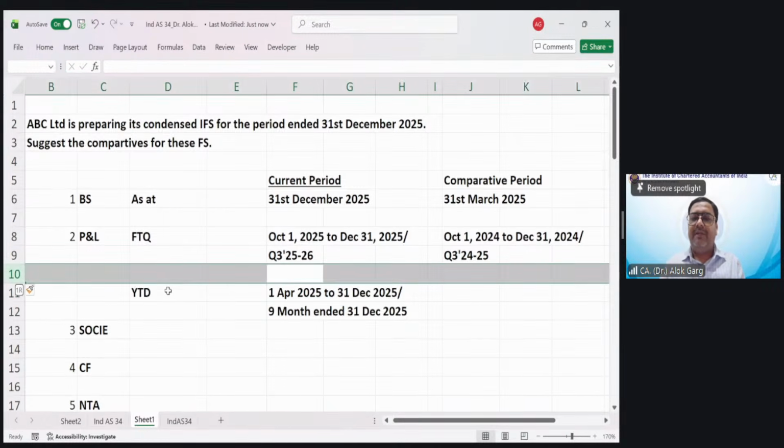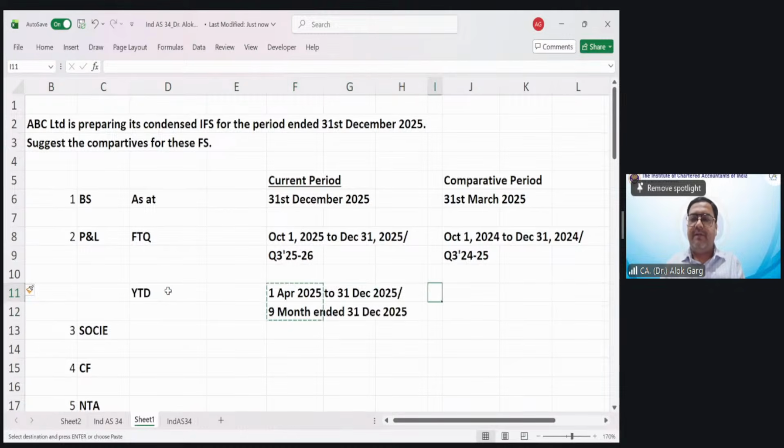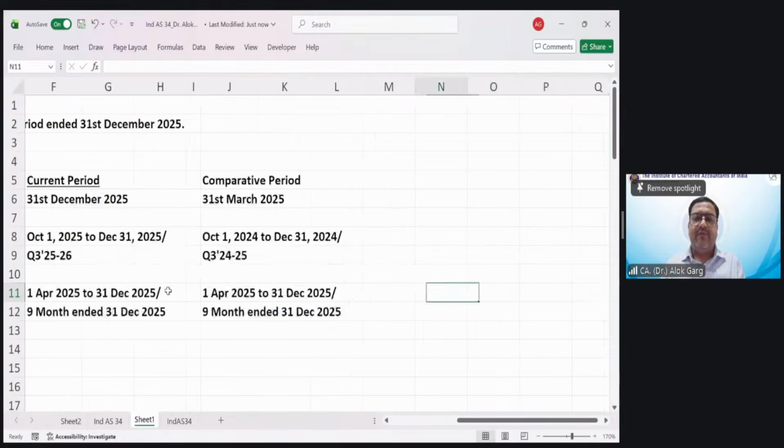What is the comparative period? The comparative period is 1st April 2024 to 31st December 2024, that is, the 9-month period ended 31st December 2024.